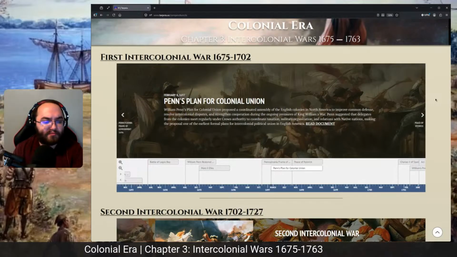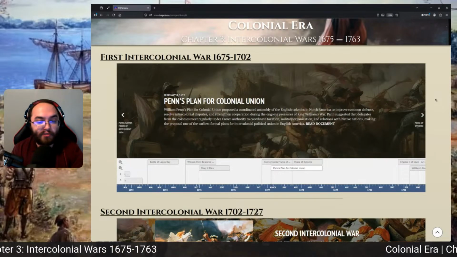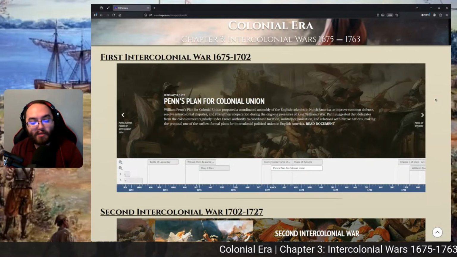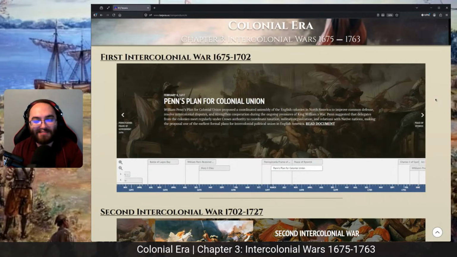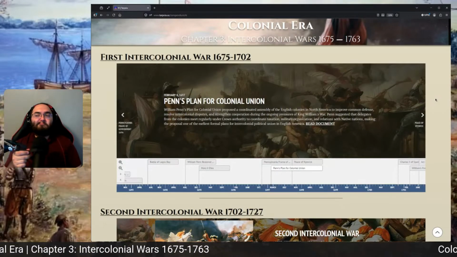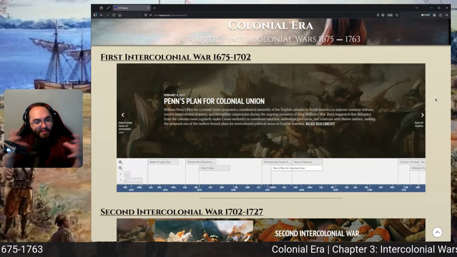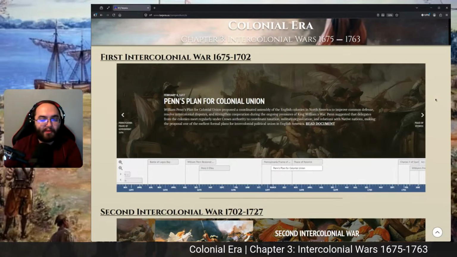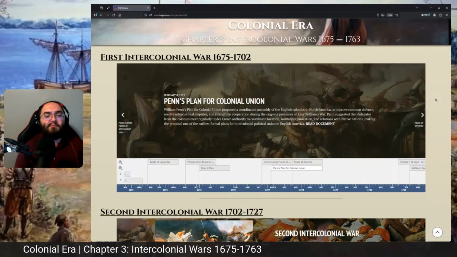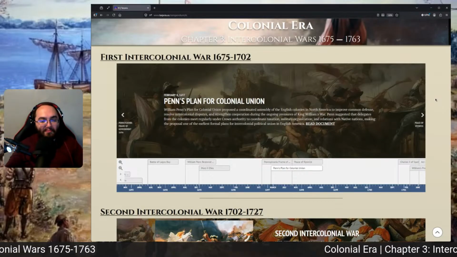To improve common defense, resolve intercolonial disputes, and strengthen cooperation during the ongoing pressures of King William's War. So you have the colonists complaining about Parliament and the King forcing the colonies to be together, like with the Dominion of New England. But at the same time, the colonists themselves are working more closely together.